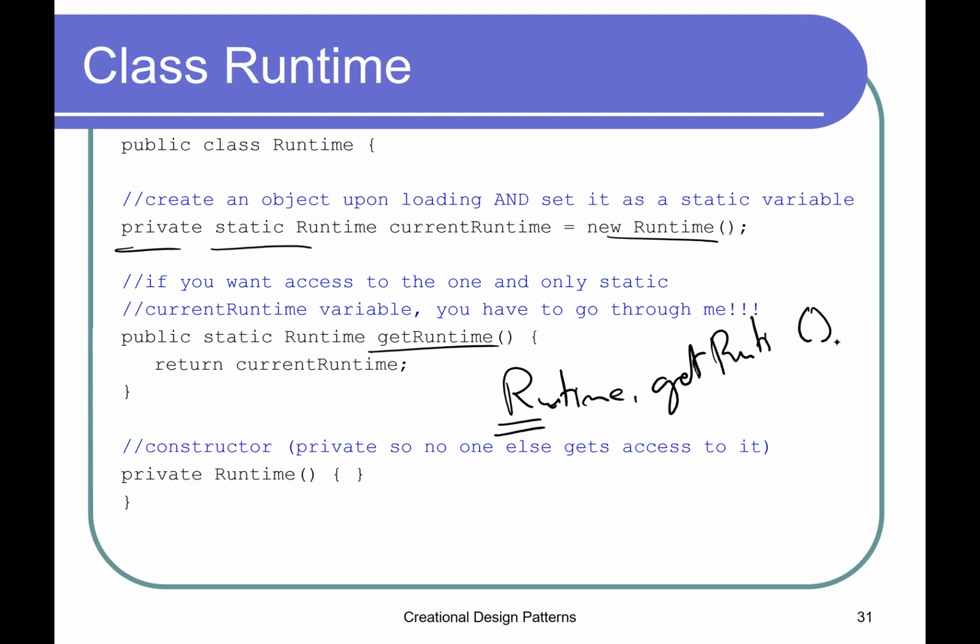And so now that object, or an access to it, is returned to the client. As you can see, the constructor over here is made private so that that client or any other client can't come and ask for that object itself.